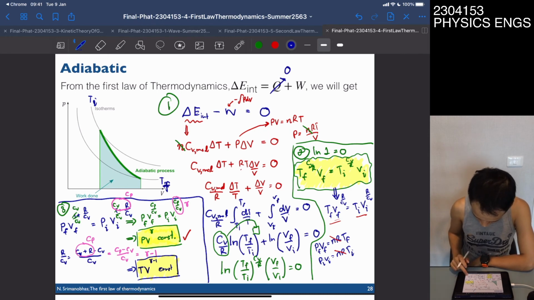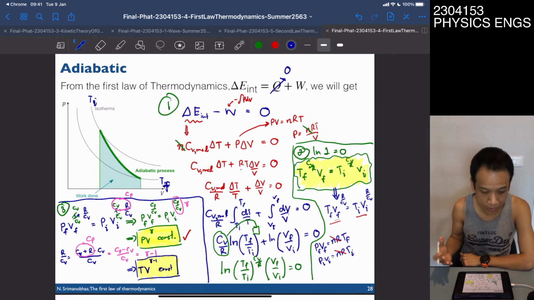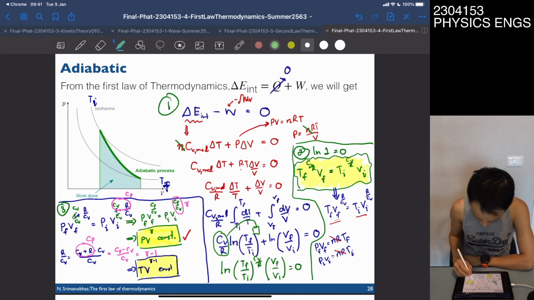In the adiabatic process, what we have learned before is that TV to the power R over CV becomes constant.